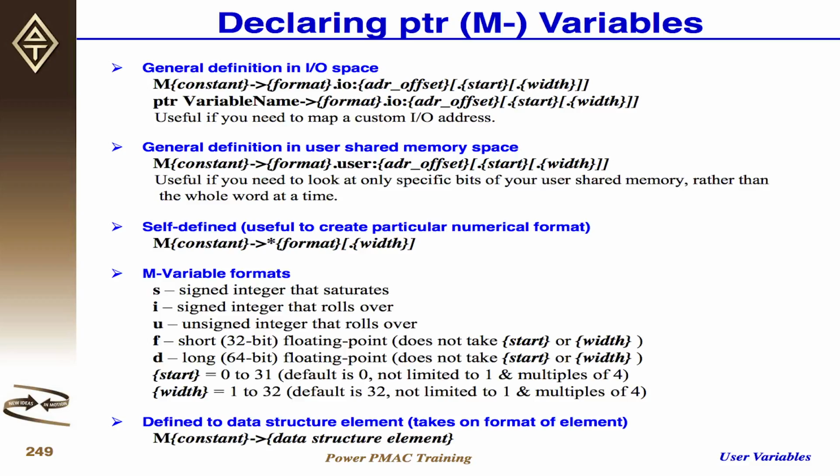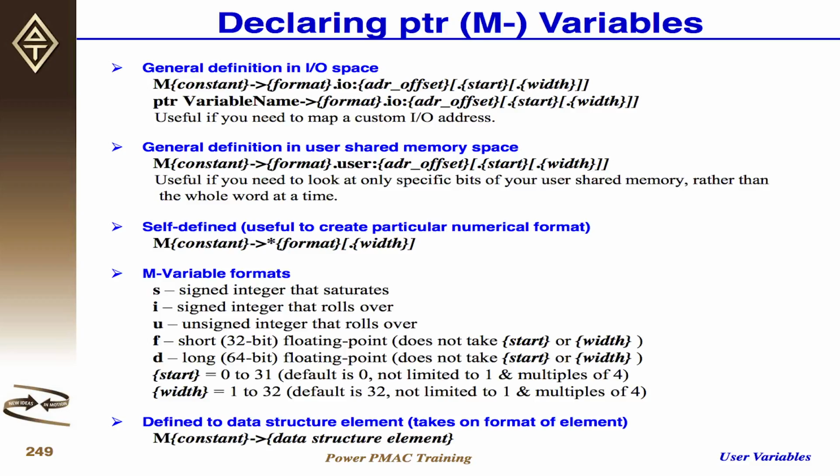You could have an unsigned integer that rolls over. You can set it to a short floating point, so that'd be f, or a long floating point that'd be d. It should be noted that for those two, because it's being set to a 32-bit floating point number or a 64-bit floating point number, you don't input the start or the width. You only point to the address, and it will just take the value of that entire address.